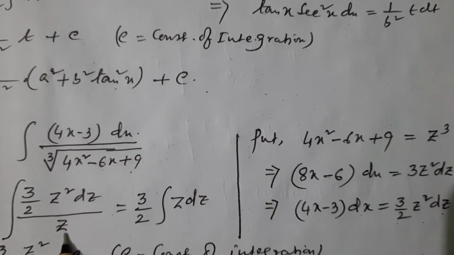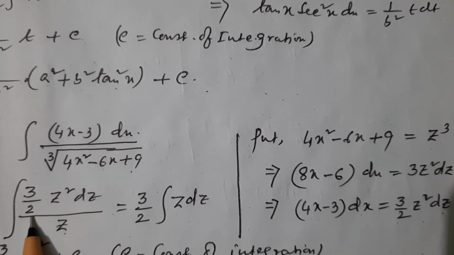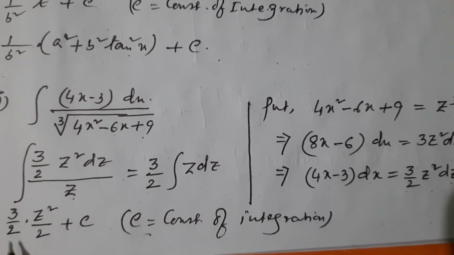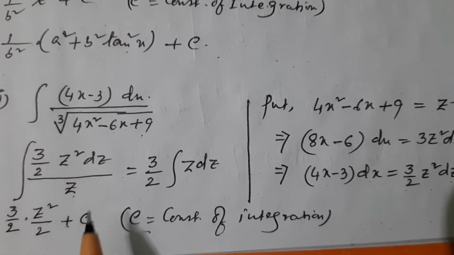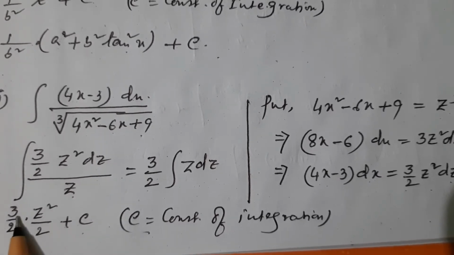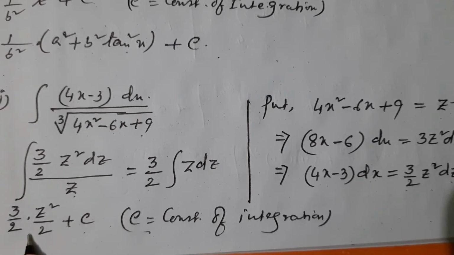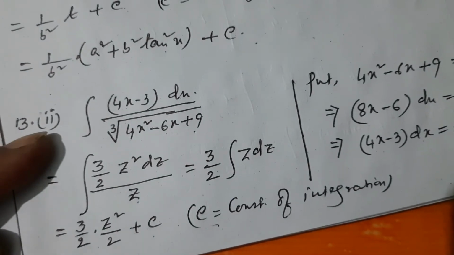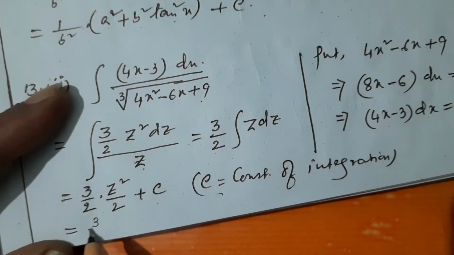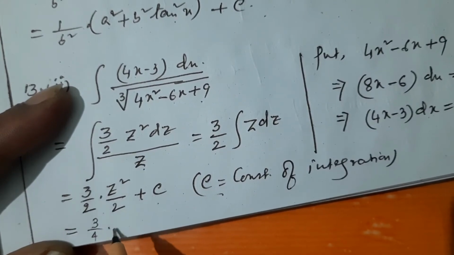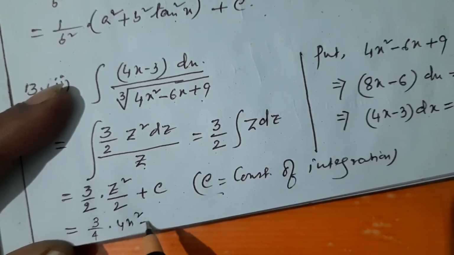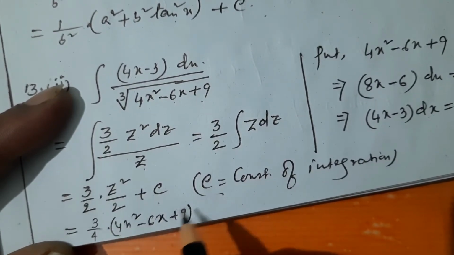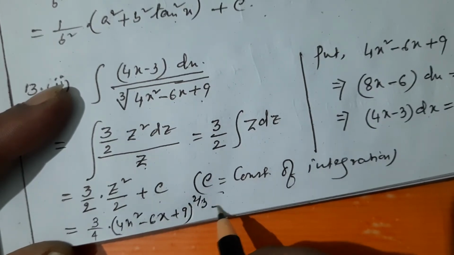So we substitute here, 3 by 2 is constant out of integration of z dz, and we integrate, we get 3 by 2 into z square by 2 plus c, and we substitute the value of z here, we get 3 by 4 into 4x square minus 6x plus 9 whole to the power 2 by 3 plus c.